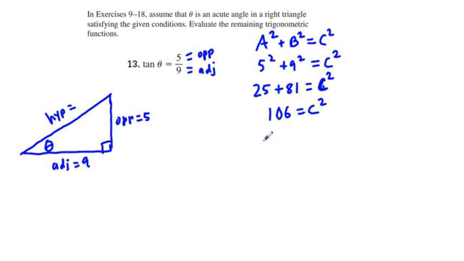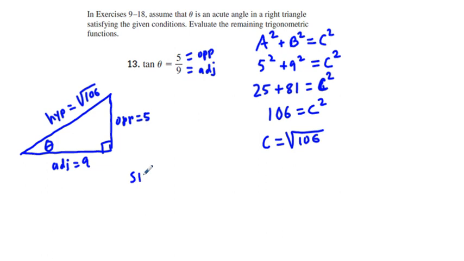So c is going to be equal to the square root of 106. So just going ahead and working this out, we have hypotenuse equals square root of 106.